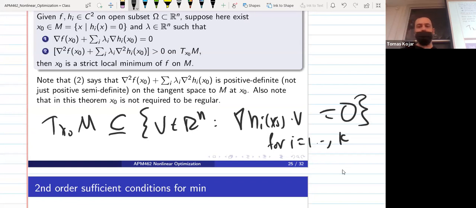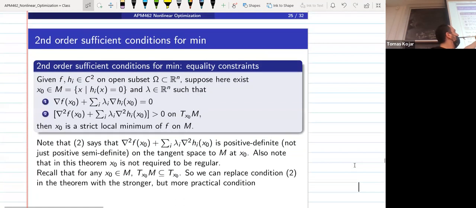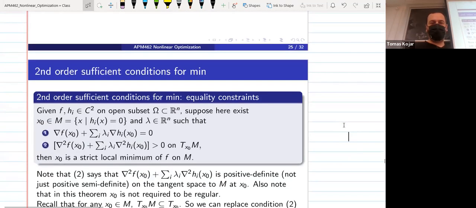So if you can prove positive definite on the bigger space, where it's much easier, then you get positive definite on the smaller space. Does that make sense? In other words, you don't have to show that a point is regular to use this theorem.